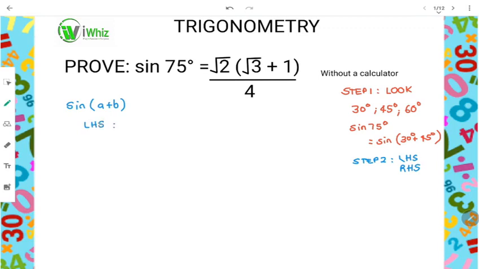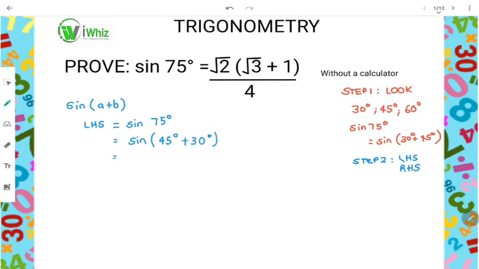We can say that the left hand side is equal to sine of 75 degrees. Using what we know, we can say sine of 45 degrees plus 30 degrees.